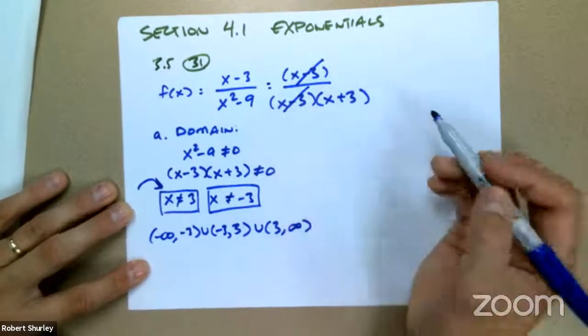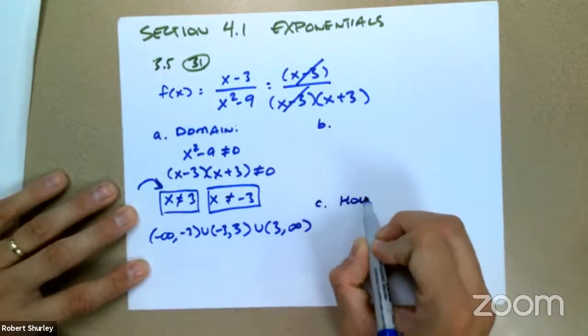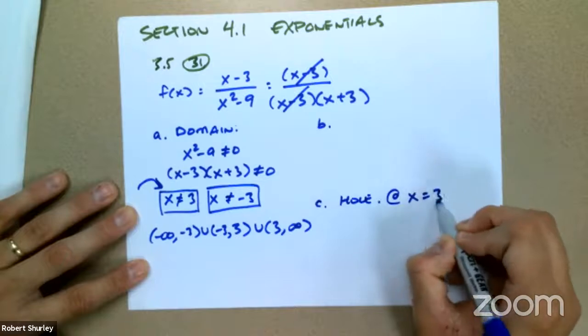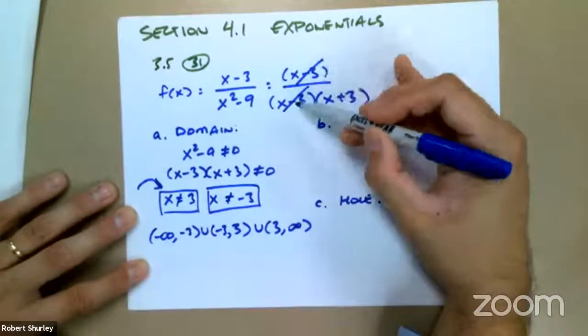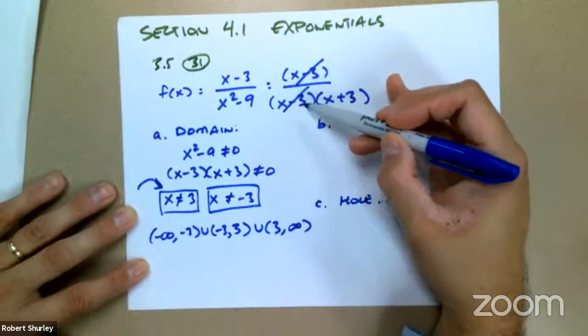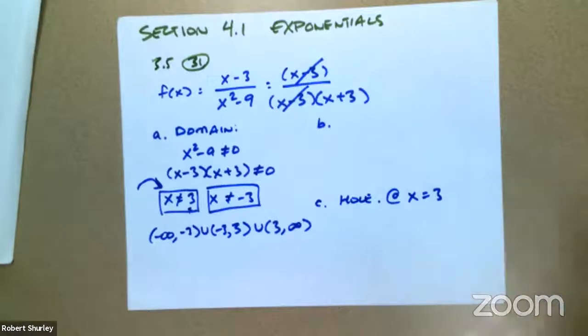3 minus 3, 0. So I know my hole's going to be at x equals 3 because that's the factor that canceled. Remember, if x minus 3 was the factor, then x equals 3 was the restriction or the 0. We really talked about it as a 0 in the previous section.